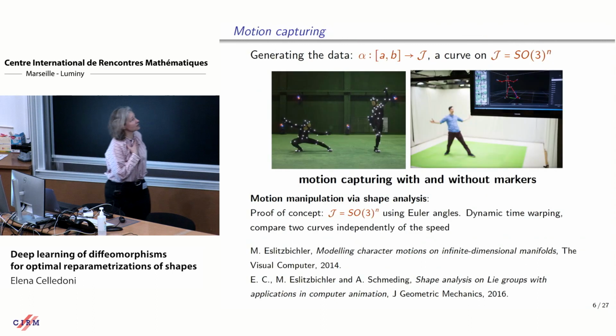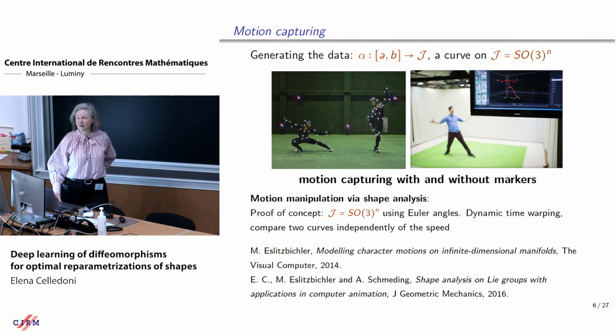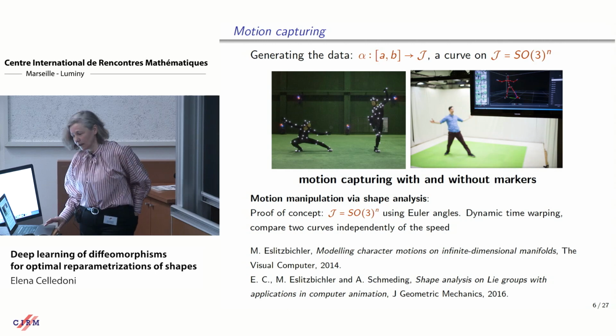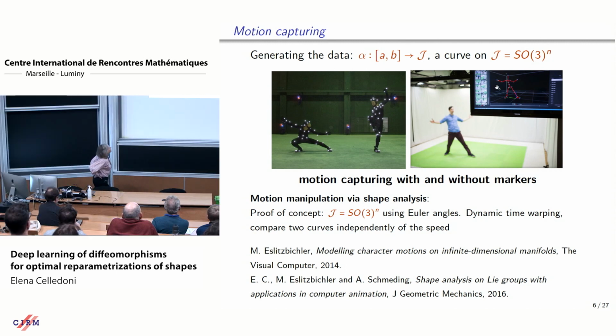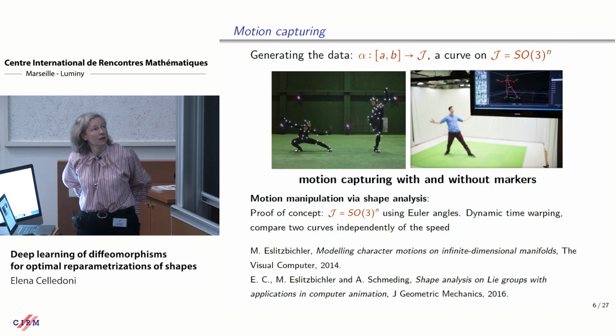So the data is obtained by motion capturing. So you have people moving, and immediately you can digitalize that by computer graphics facilities. And then you can manipulate this data, or you can recognize this data.